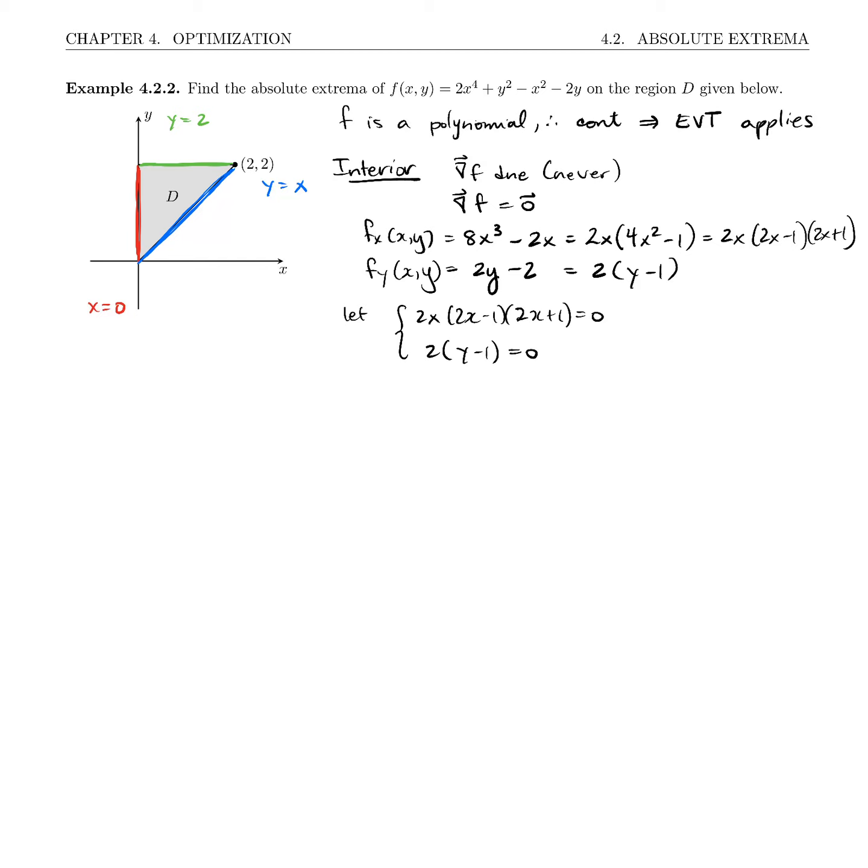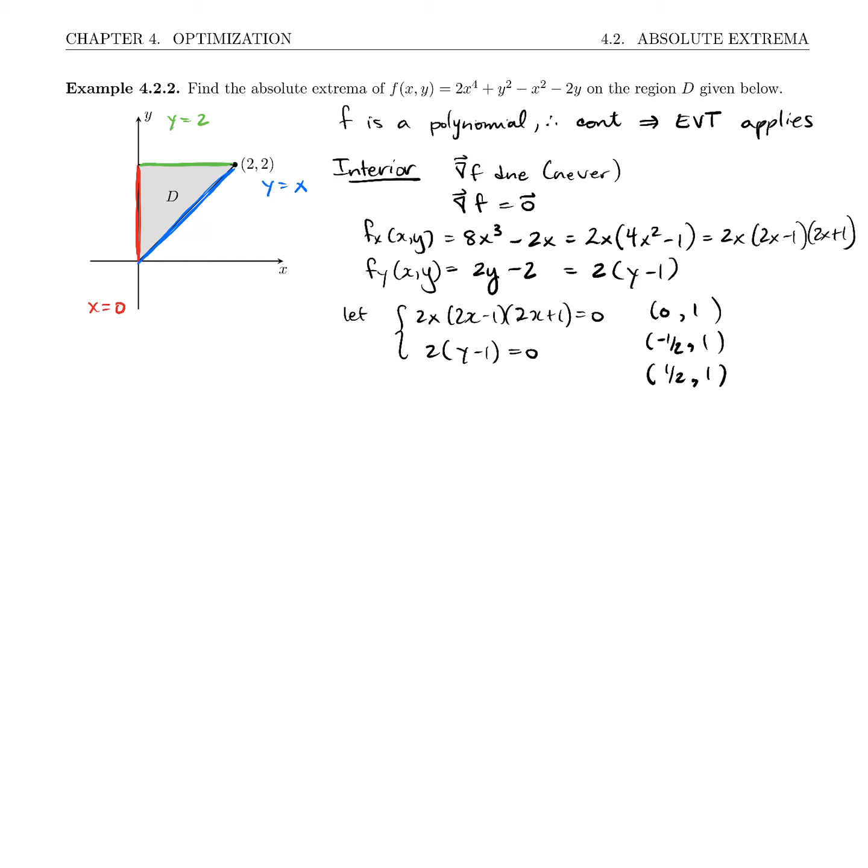We get as possibilities that x is 0, x is -1/2, or 1/2. For each of these, we have only one possibility of y, and that is where y is equal to 1. So these are critical points of f, but we need to find those that are in the interior.